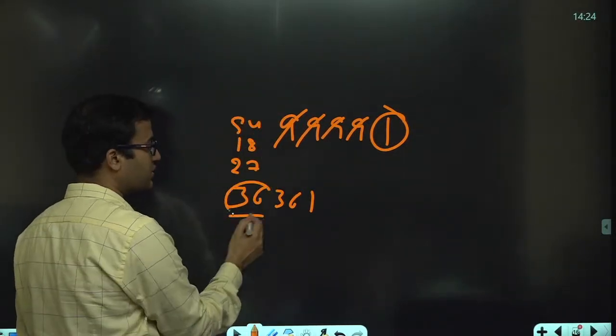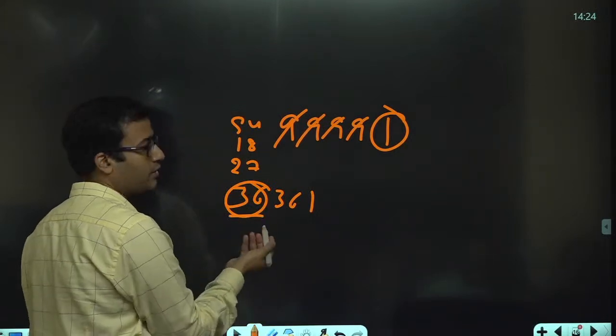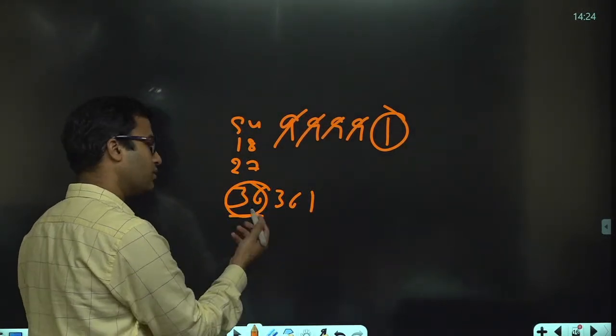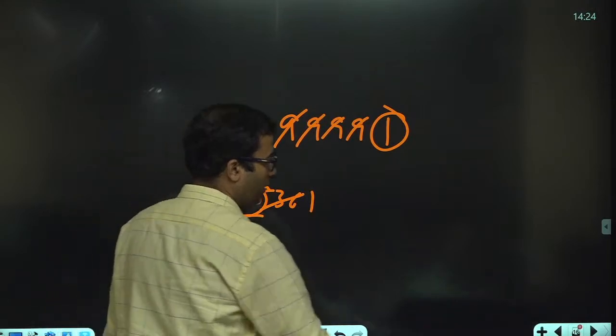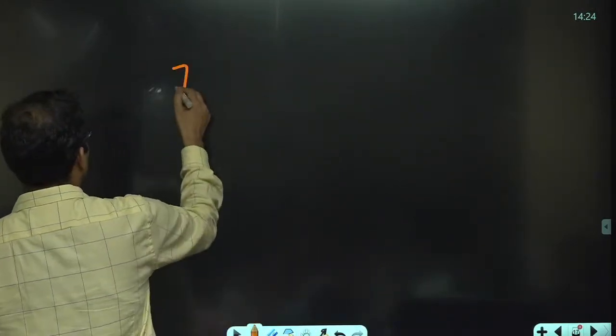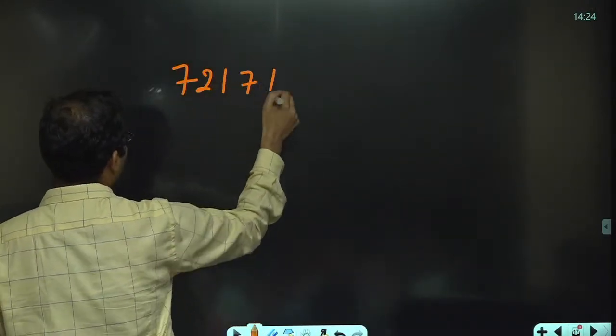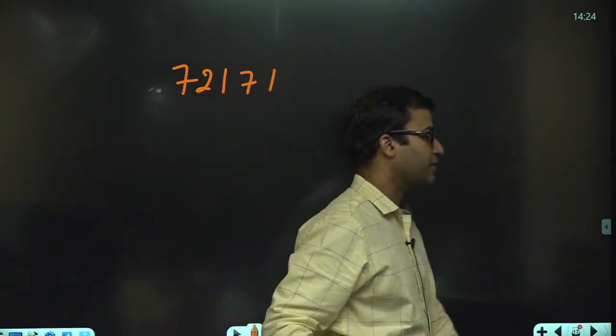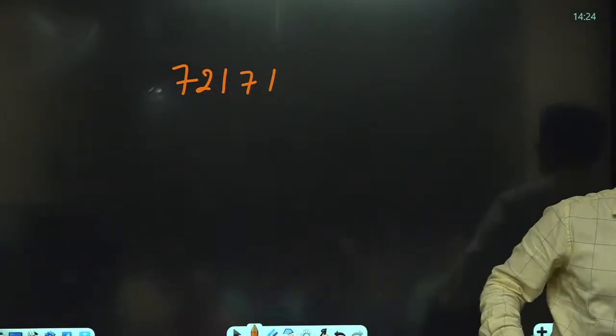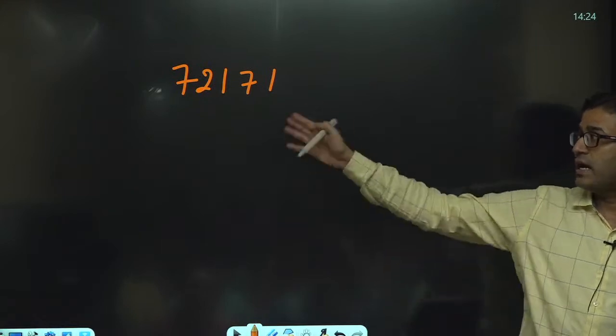She is saying these are in the table of 9. If you add then also 9, but since they are in the table of 9 you can remove them. चलो, 72,171. Tell me if it is divisible by 9, yes or no? Yes. 9 plus 9, 18, or remove the 9, 9.